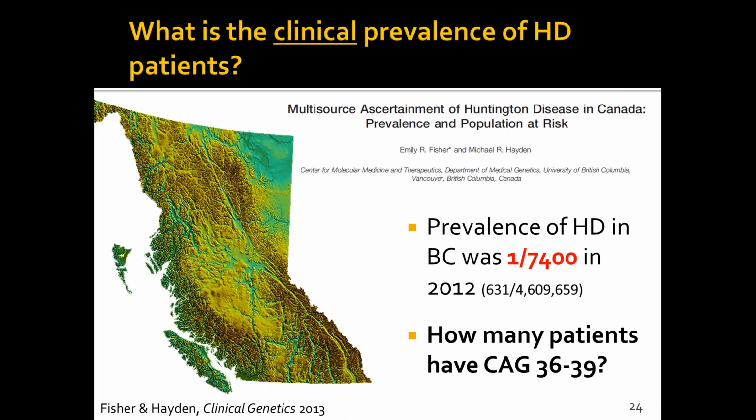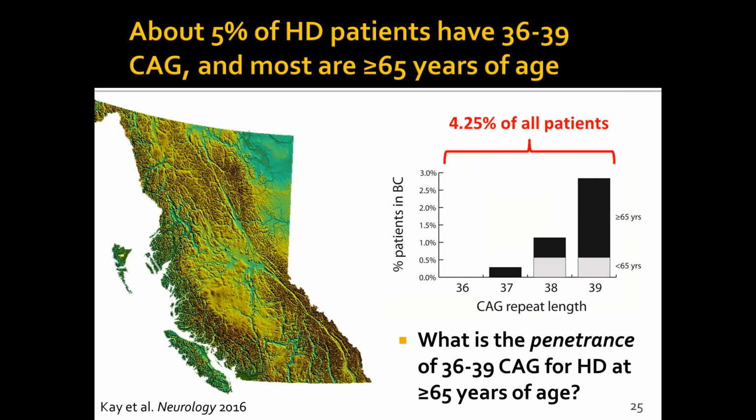So given that we know that most of the HD alleles in the population are 36 to 39, how many of these patients who actually come through a clinic have 36 to 39? And the answer is not very many. It's really only about 5% of Huntington disease patients in the clinic who have 36 to 39.